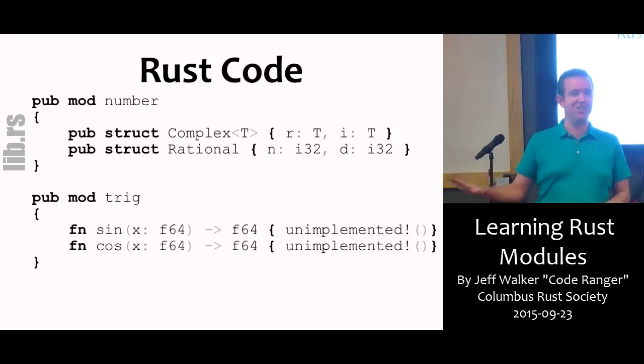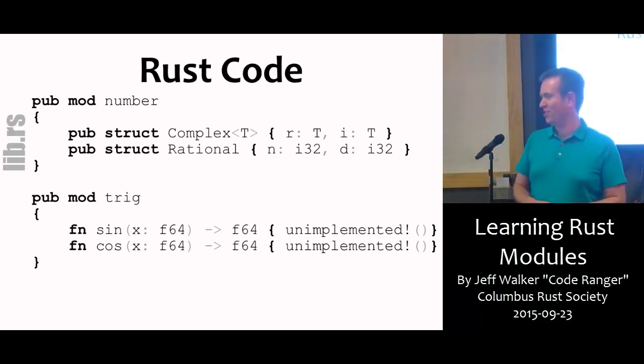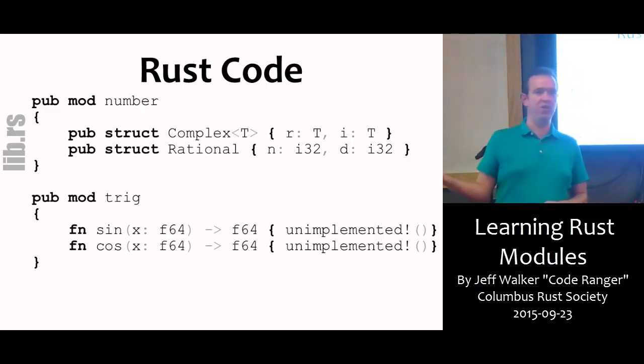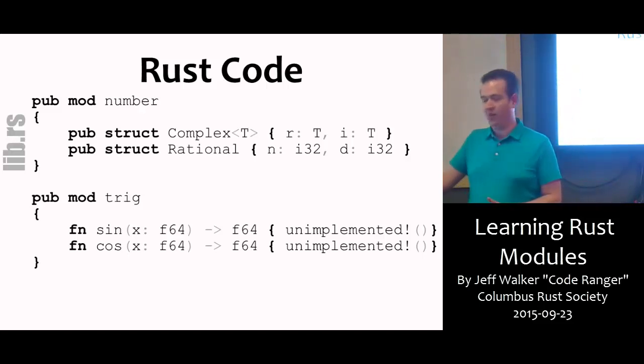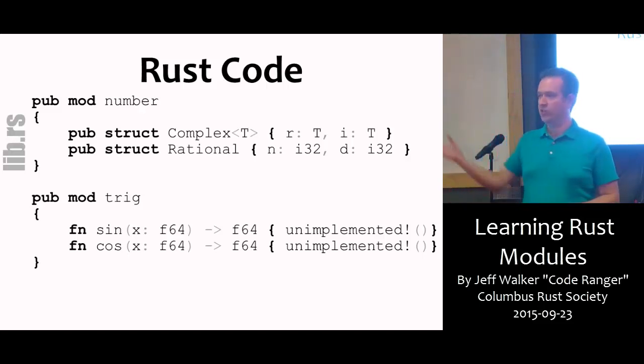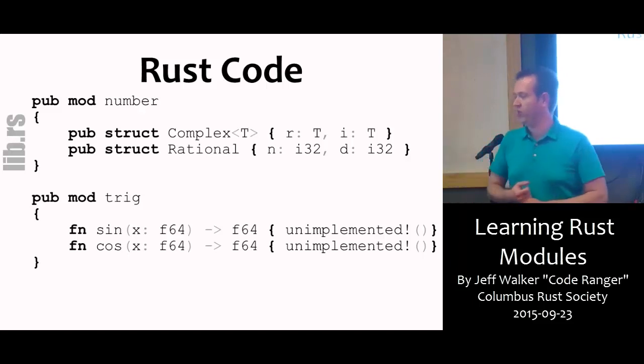Those are actually in the standard library, but for the sake of this example, we'll pretend that we might be writing those. Of course, there'd be a lot more code here, traits and methods and more, and implementations of those things. So this code would be a lot longer, but this just gives us an idea of what would be there.